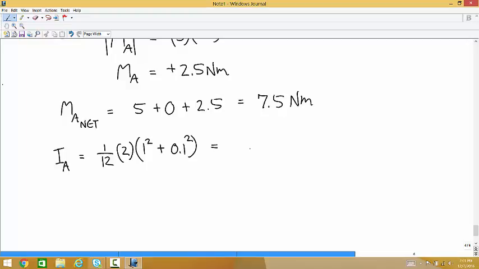And so that's equal to 0.168, and then 3 is repeating, kilogram meters squared. Any question about the moment of inertia?